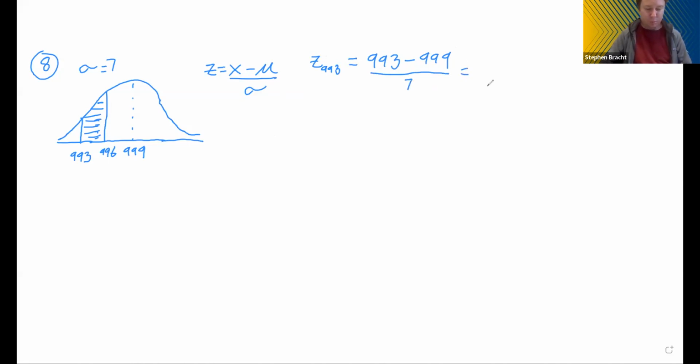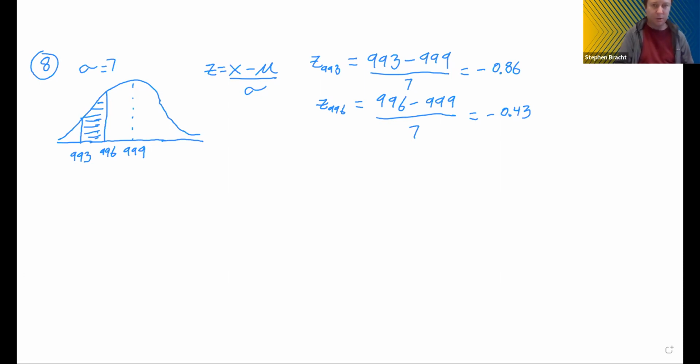Rounding this to 2 decimal places, I get negative 0.86. And then do it again for 996. This looks like 996 minus 999 divided by 7. That equals negative 0.43. And so once again, to find the area, I'll use the table to find the area to the left of both z-scores and subtract the smaller one from the larger one.